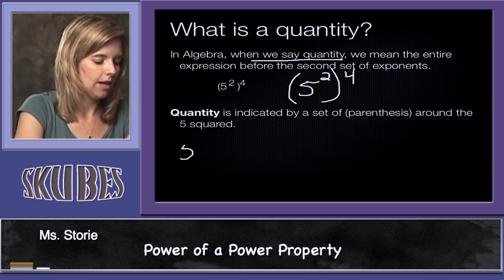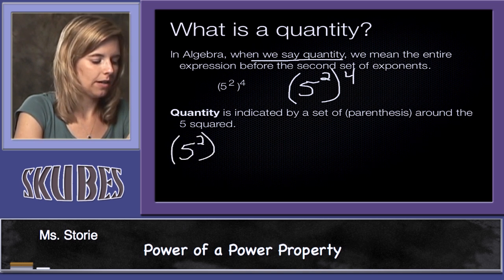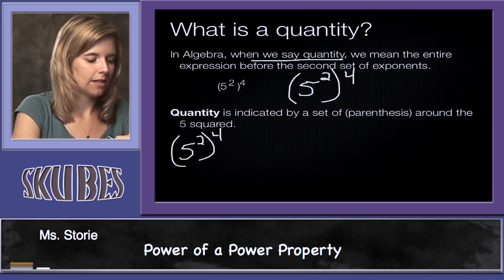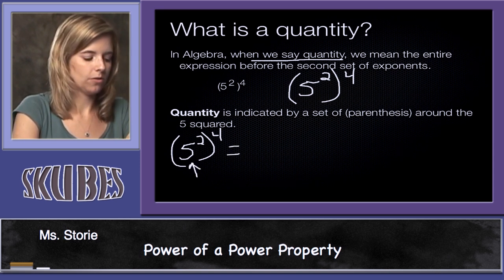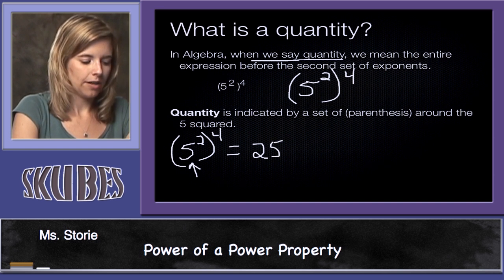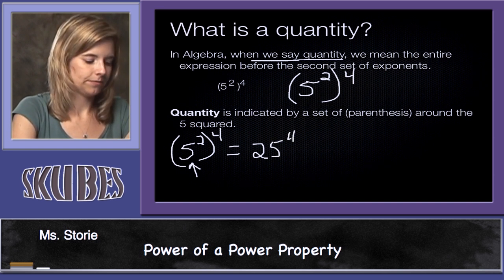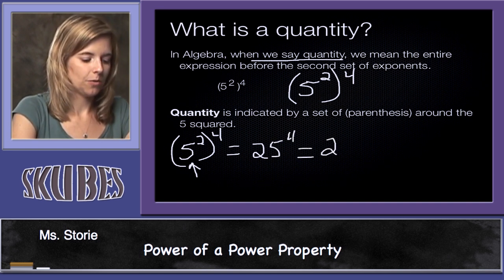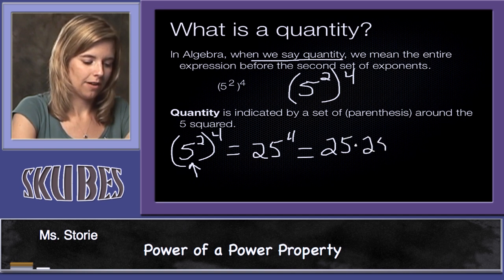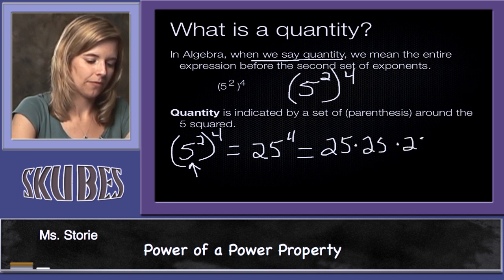So let's go ahead and do that. If you have the entire quantity of 5 squared and you're raising it to the 4th power, you're going to take 5 squared first, which is 25, and raise it to the 4th power, which means 25 times 25, 4 times in a row.